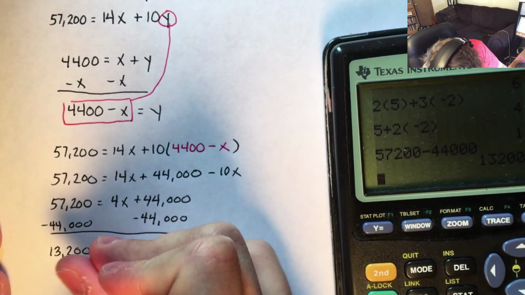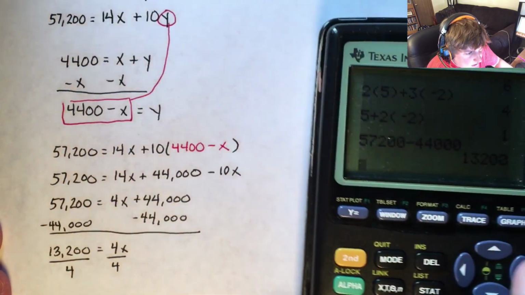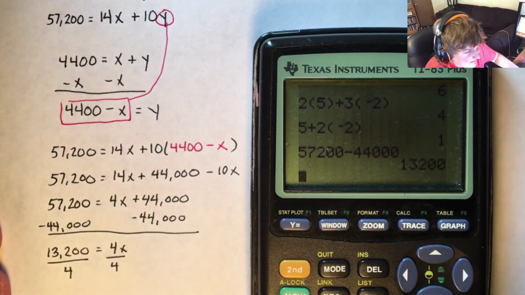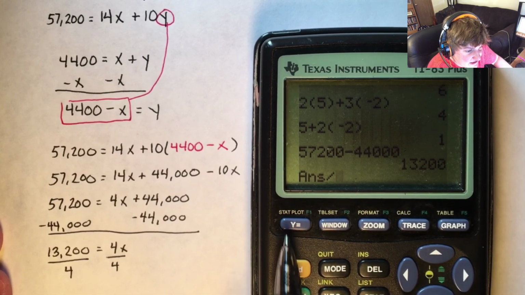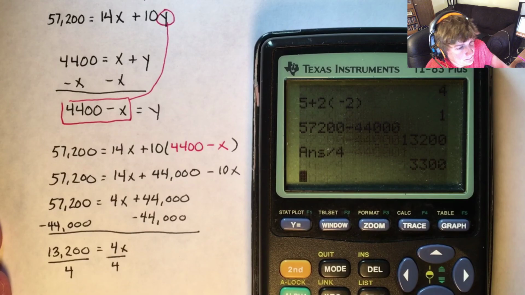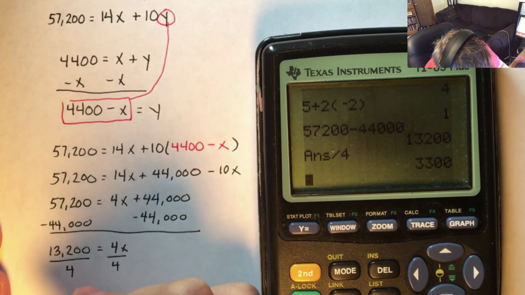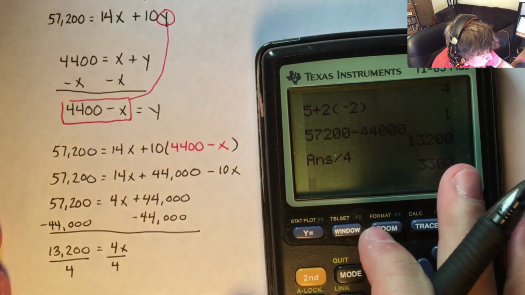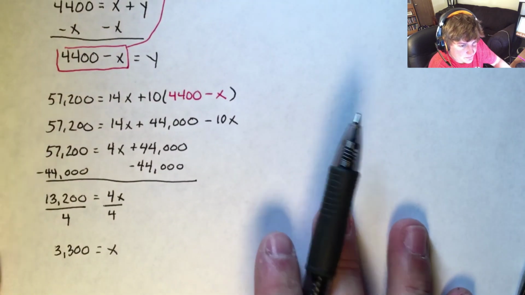And then divide by 4. I can just take this button and actually, I don't have to retype. If I just hit divide, it will take my ANS, which stands for answer, so it's going to take my previous answer here. I can divide it by 4. So 3,300 is equal to x. So what does this mean? Well, we said x is adults, so that means there are 3,300 adults.